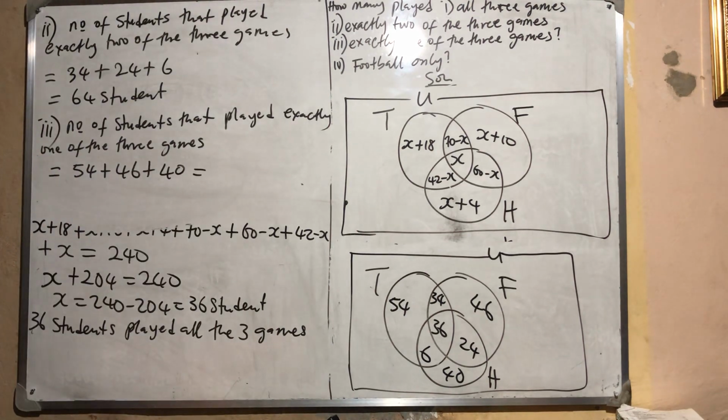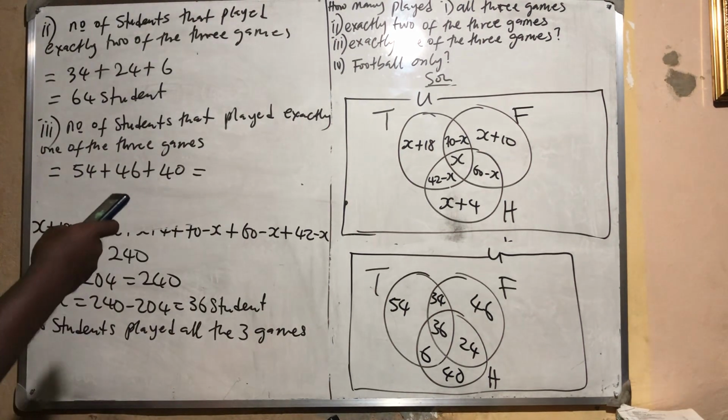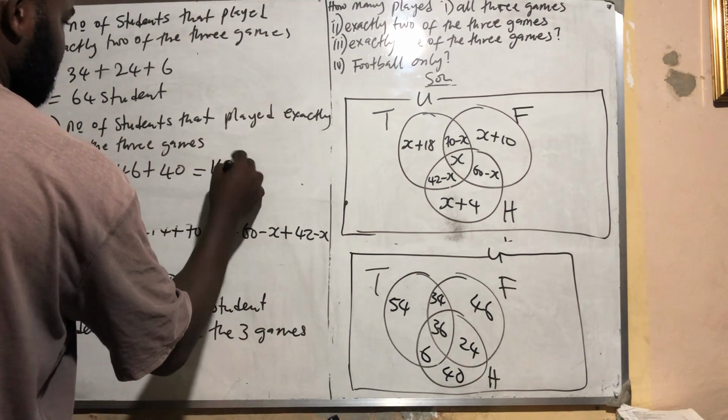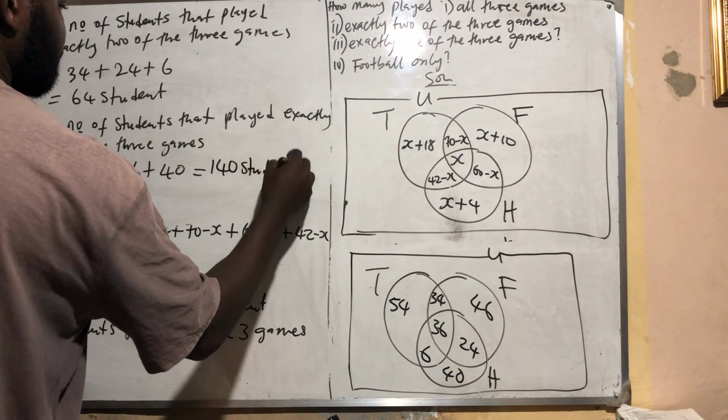So if you add them, you are going to have 54 plus 46 plus 40. That is 140 students.